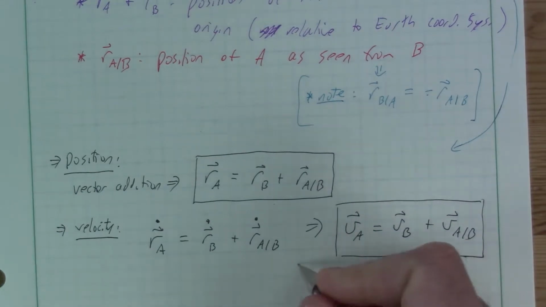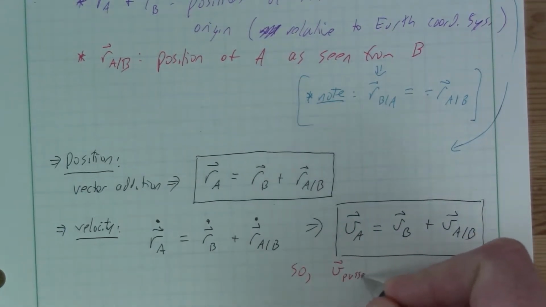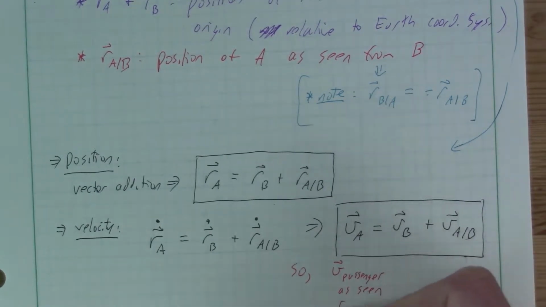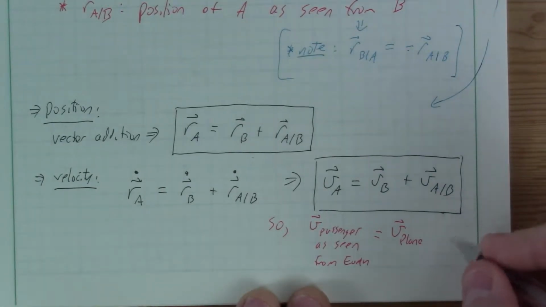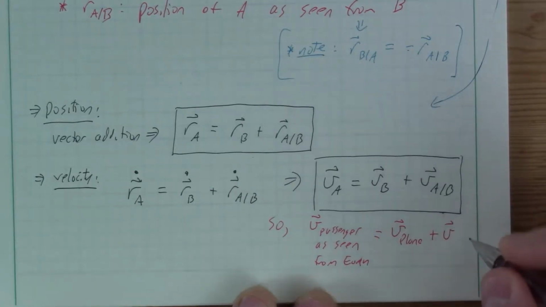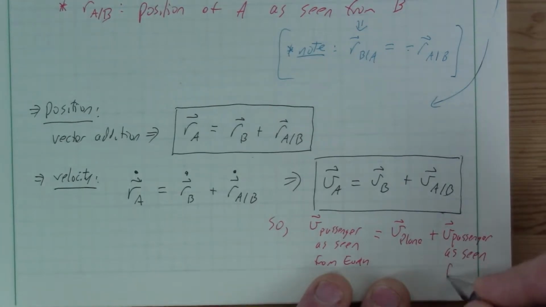So for our example, the velocity of the passenger, so passenger A, as seen from Earth is going to equal the velocity of the plane itself, which is probably much bigger than this second term here, plus the small velocity of the passenger walking to the back, as seen from the plane fixed coordinate system.